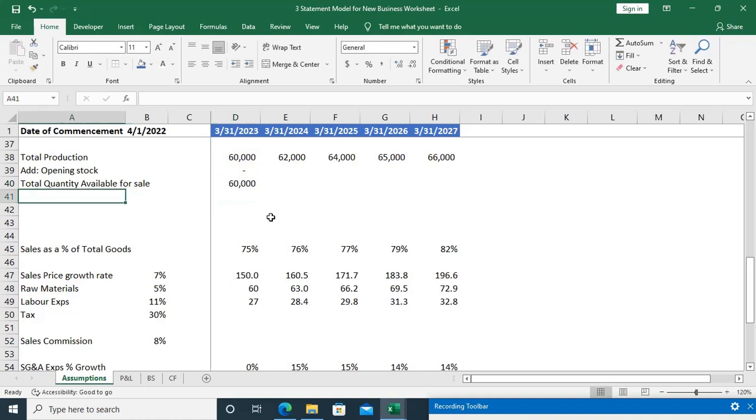So now if you deduct the sales portion, less sales, if you deduct the sales quantity from this, then you get the closing stock.